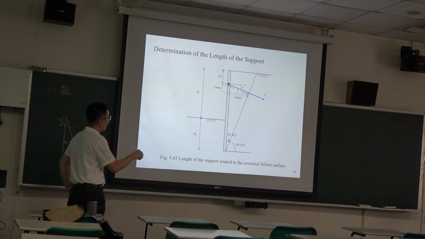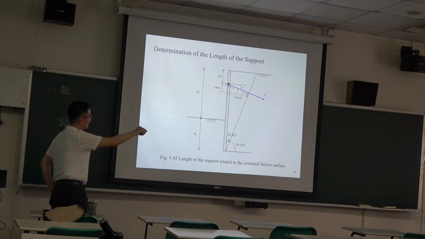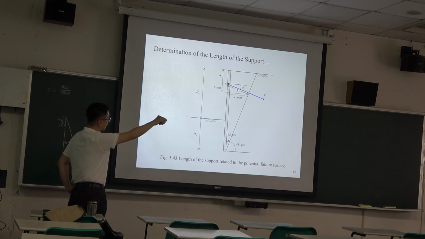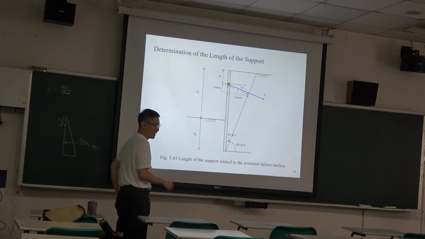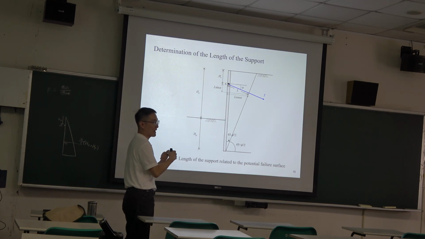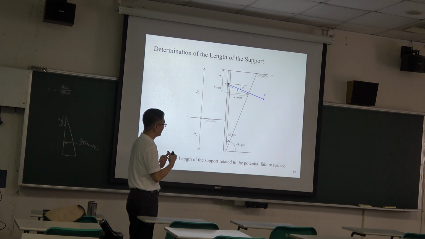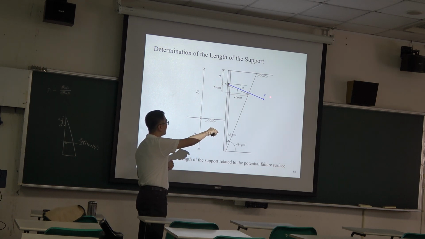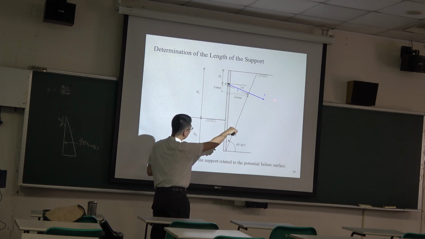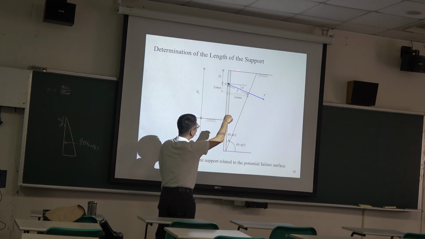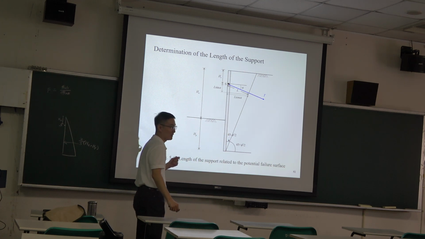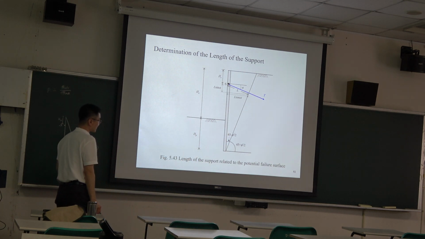Anchor. We also need to consider its length. Of course, the anchor should have enough loading capacity, but we also want to make sure the anchor length is long enough to be out of the potential failure mechanism.